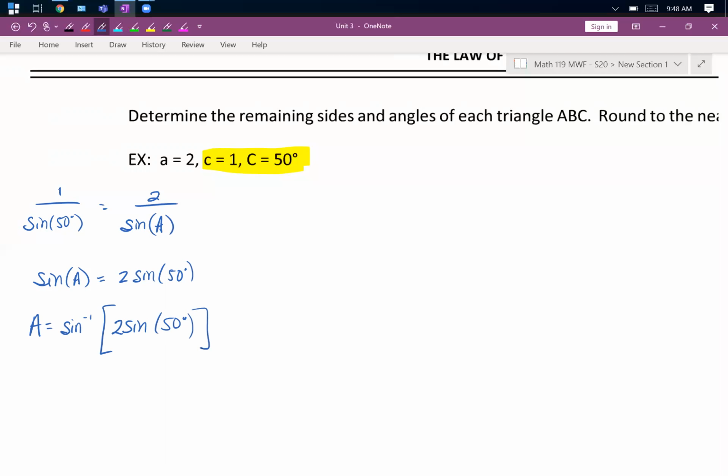What do we get? That's what I got: error. Anybody else get error? All right, so that means that there's going to be no triangle.